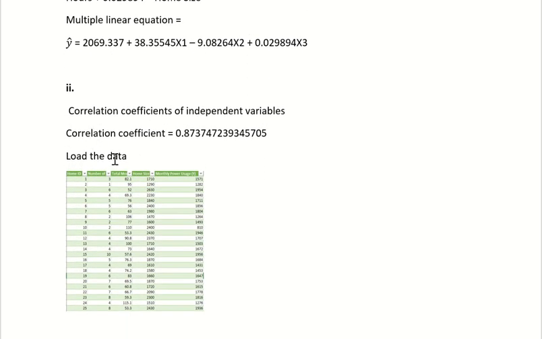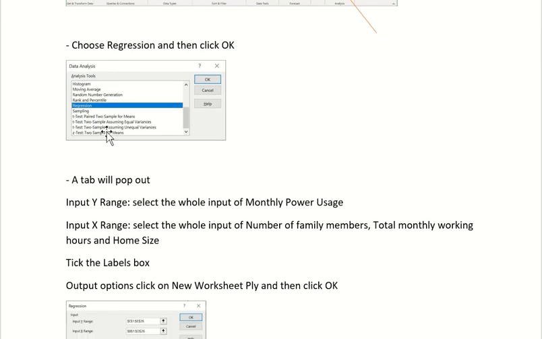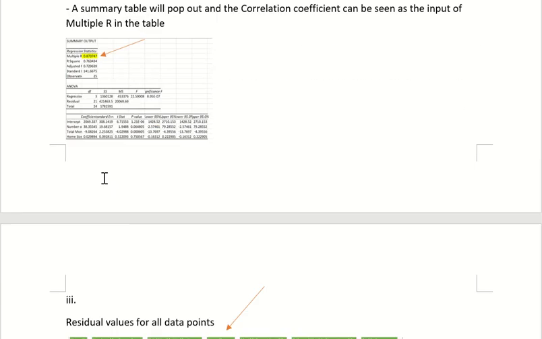And then the correlation coefficient is 0.873. This is how the data is being loaded and how we find out the correlation coefficient.